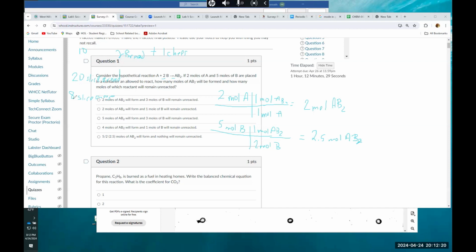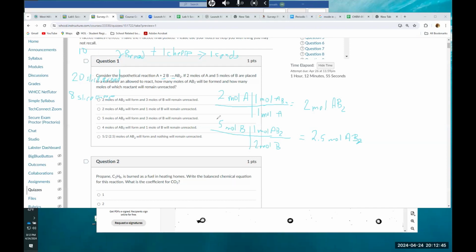Sometimes you have extra of one thing. You can only make as much as you have. If you don't have any more, that's all you can make. So we can only have eight sandwiches, because our cheese is limited. Does that make sense?